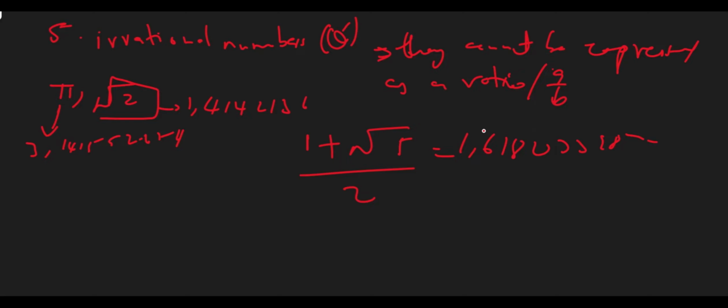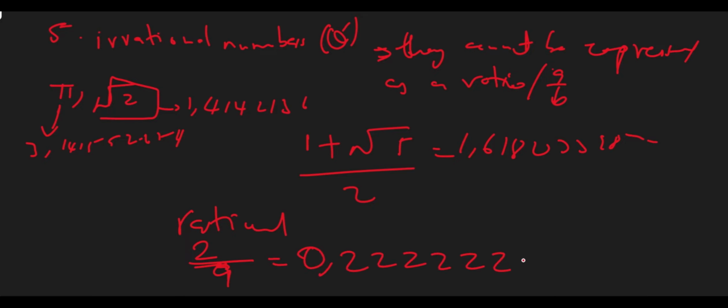If we take, for an example, 2 over 9, we say 2 over 9 is a rational number. 2 over 9 will be 0.2222 going forward, or 0.2 recurring. So we say these are your rational numbers, right? They can be written as a fraction and also they are recurring.